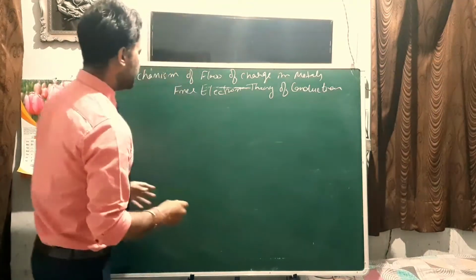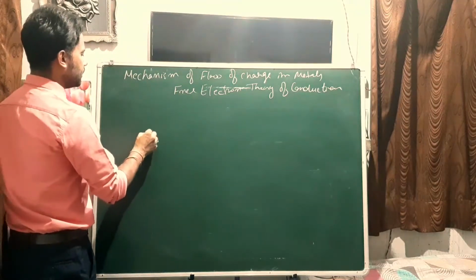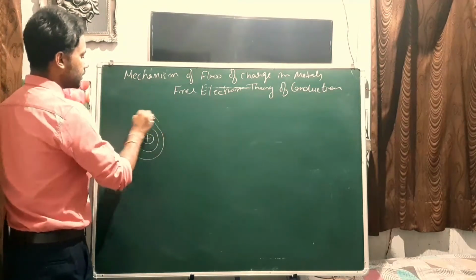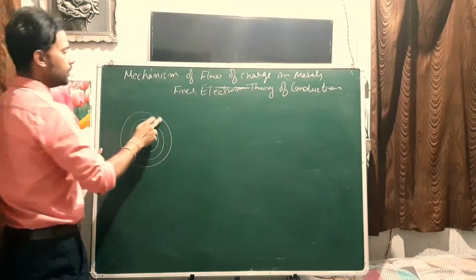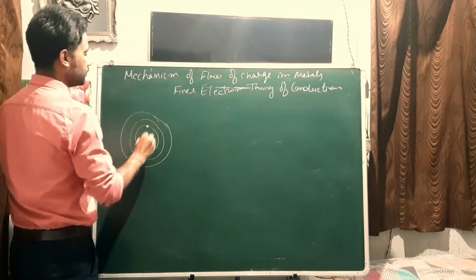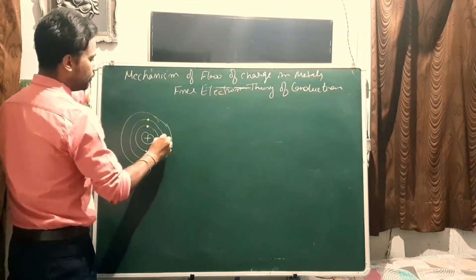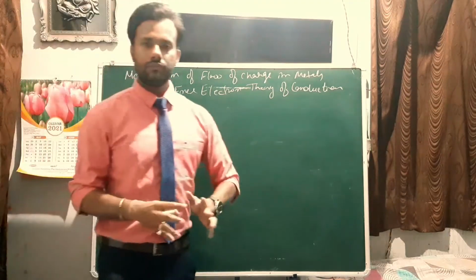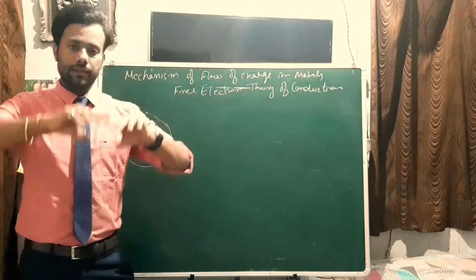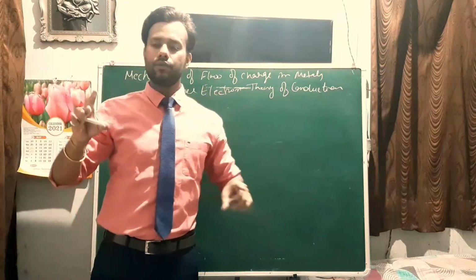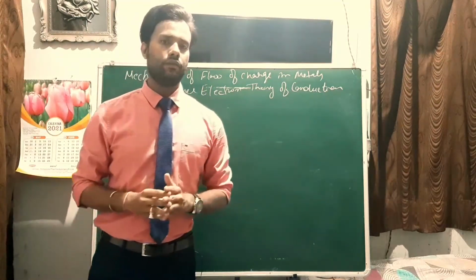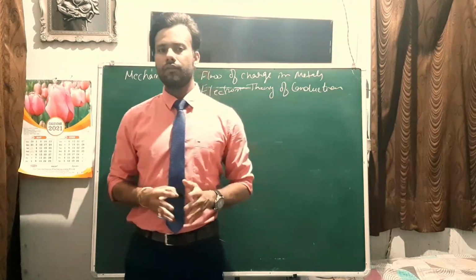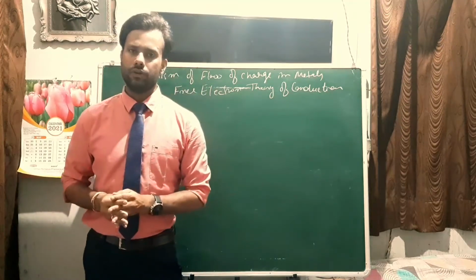You know, the basic structure of atom contains a positive nucleus having orbits around it, in which electrons orbit around the nucleus in a certain configuration. Because the electrons are revolving around the nucleus, the required centripetal force is provided by the electromagnetic force acting between the nucleus and the electrons.